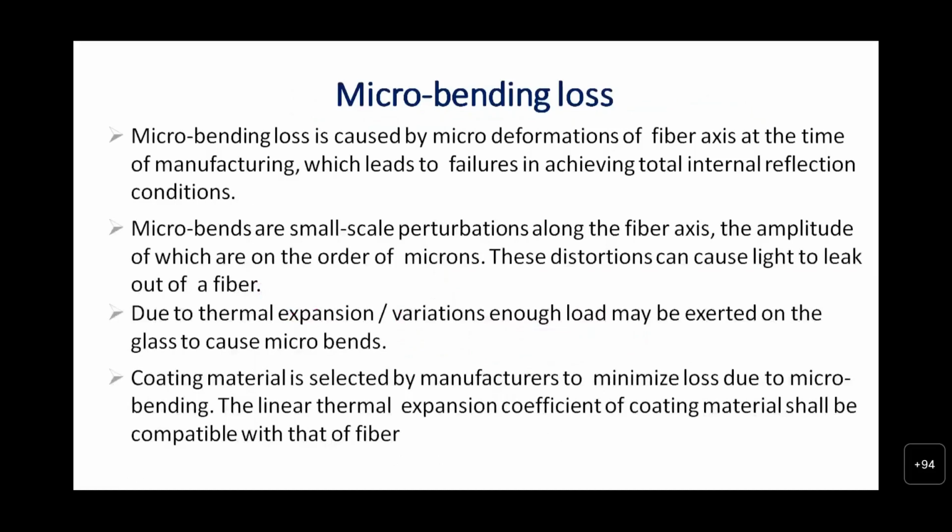Micro bending loss is caused by micro deformation of the fiber axis at the time of manufacturing, which leads to failures in achieving total internal reflection. Most of us already know that OFC works on total internal reflection; this micro bending loss will cause deformation in the fiber axis during manufacturing, which leads to failure in achieving the internal reflection condition.